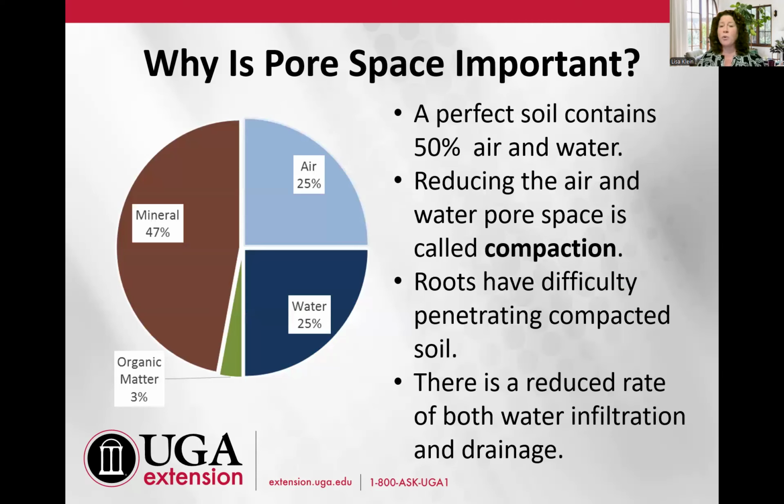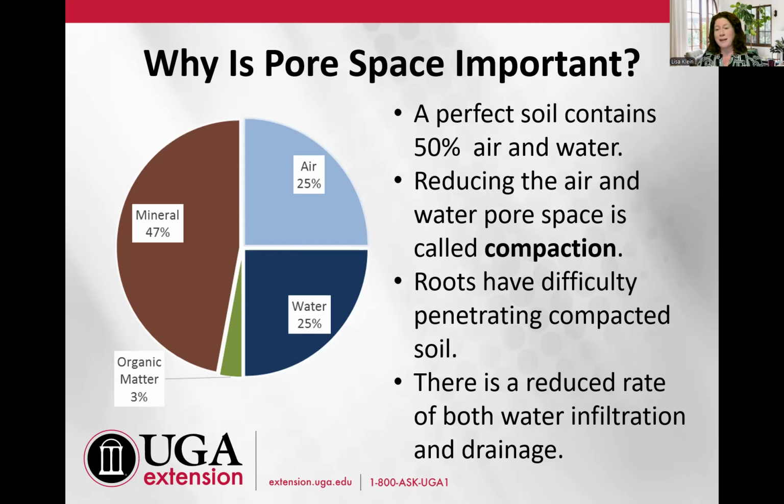So why, again, is this important? A perfect soil is going to have about 50% air and water and then your minerals. And why? Well, if you compact a soil, you're getting rid of a lot of those air pockets, and of course, that's going to pose a problem for the root systems of the plant. For instance, you have to be careful if you're walking through your garden all the time and you compact that row where you're continuously walking.